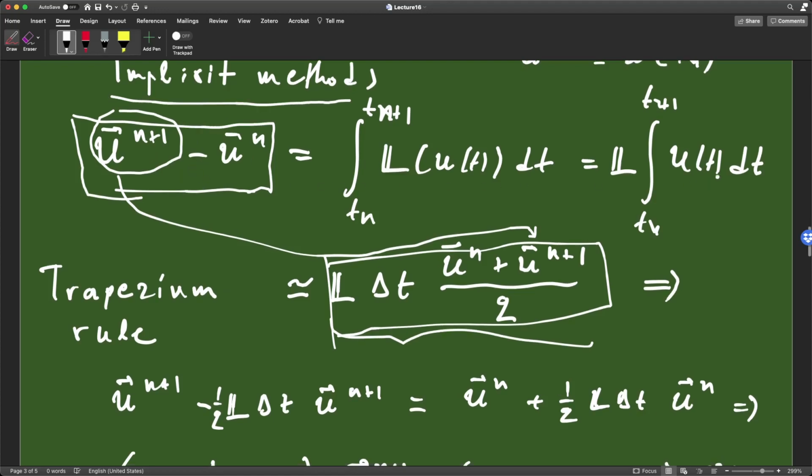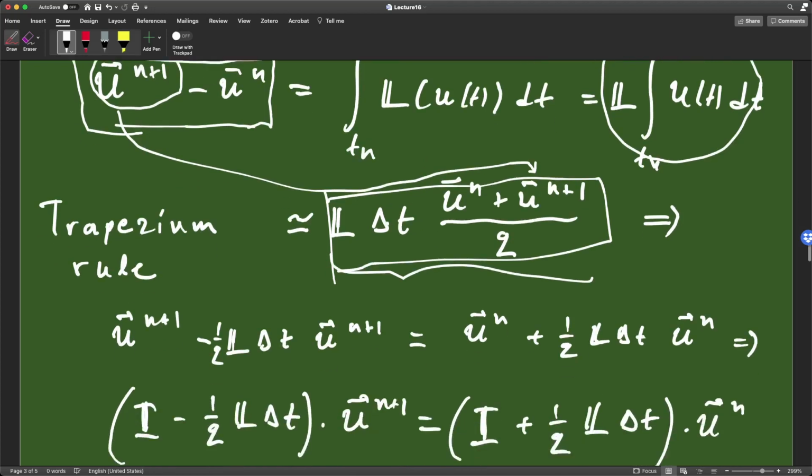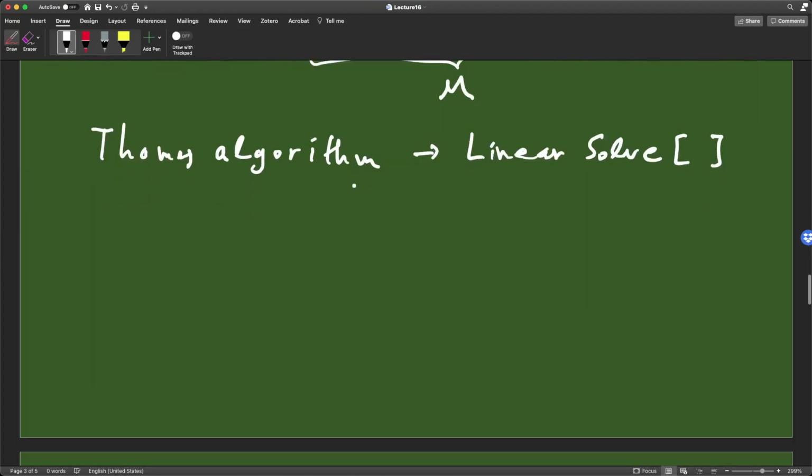So we would have this equality again. We would have to calculate this integral right here. And L is a constant matrix for the linear case. And if we apply the Hermite rule to this integral, then we pick up that trapezoidal rule plus some extra corrections. So let's write down the result here.